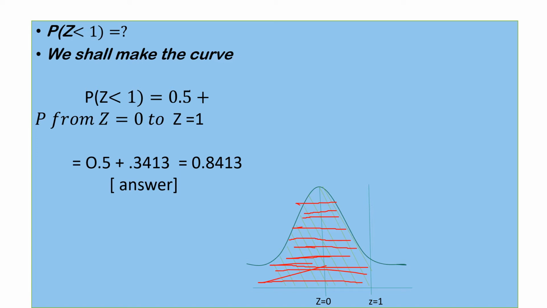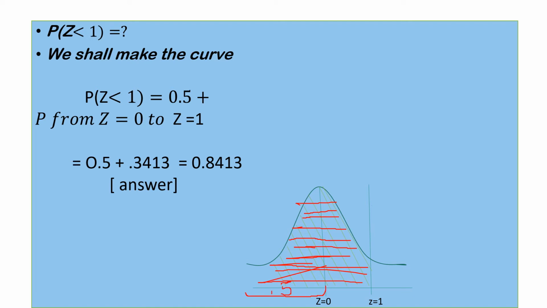Now the probability from z equal to 0 to z equal to 1. As I told you, the area towards the left-hand side of this line has probability 0.5, right?